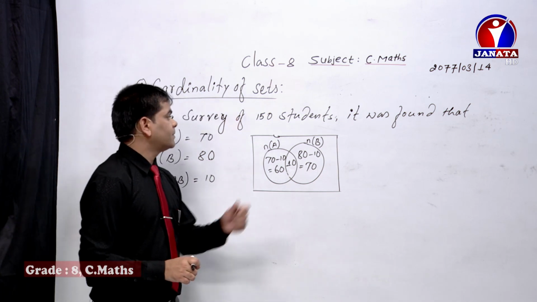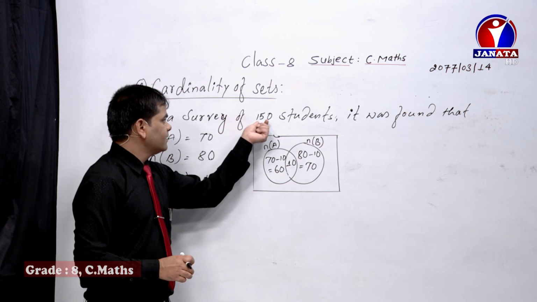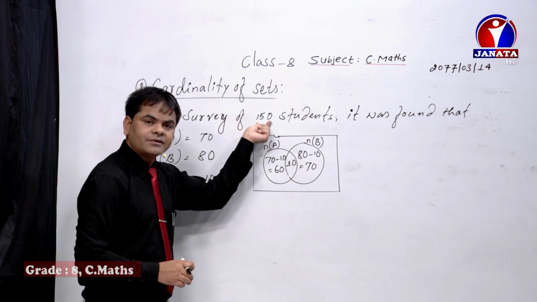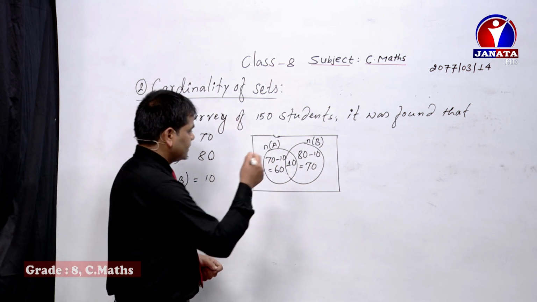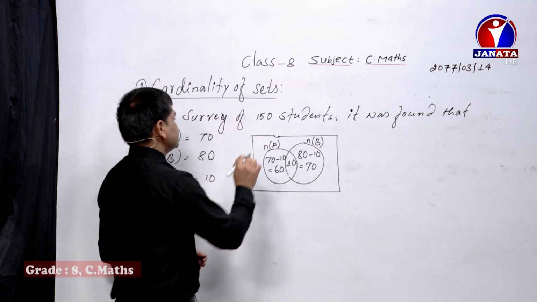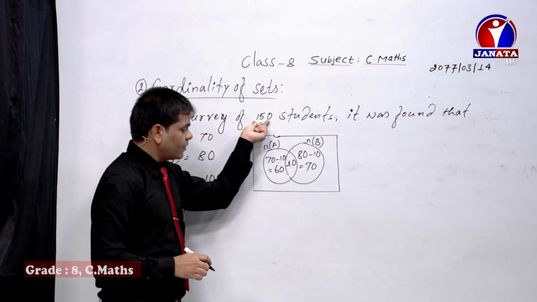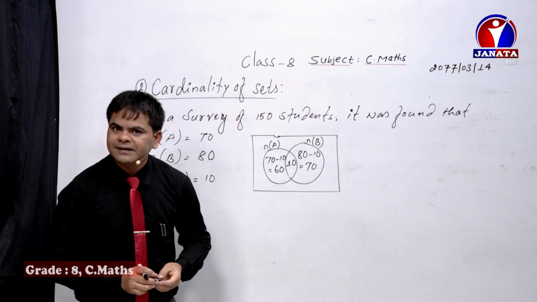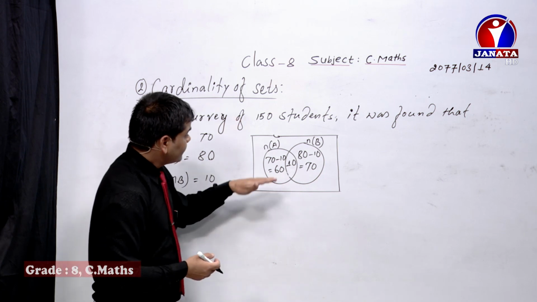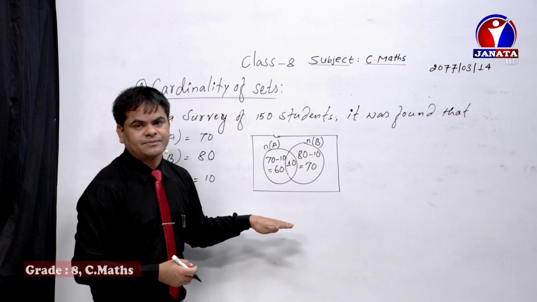The number of students can never be kept in negative form. That's why if we keep 150 rather than 100, the value comes out positive. Now, dear students, you see the universal set has the value 150, so altogether inside the rectangle there must be 150.